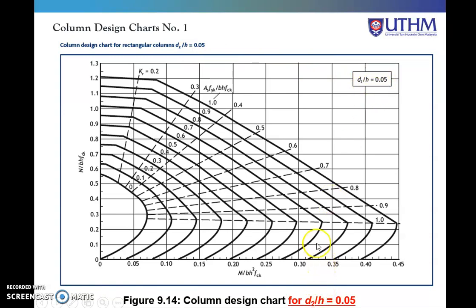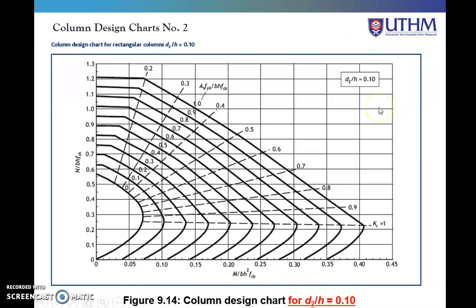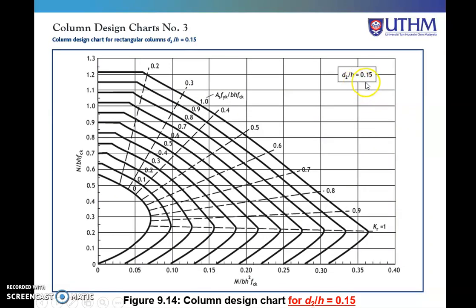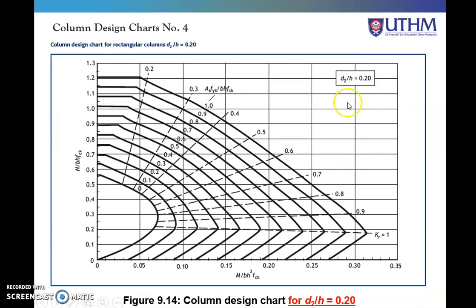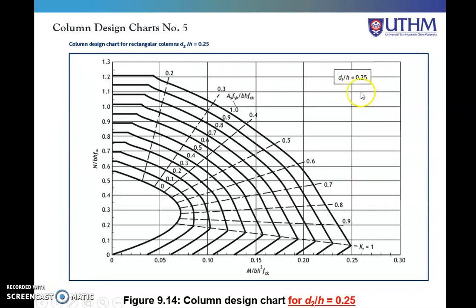So we have a few design charts, depending on the value of D2 over H. So this is 0.05, this is 0.10, this is 0.15, then 0.20, 0.25. So the design chart will be used depending on the D2 over H.